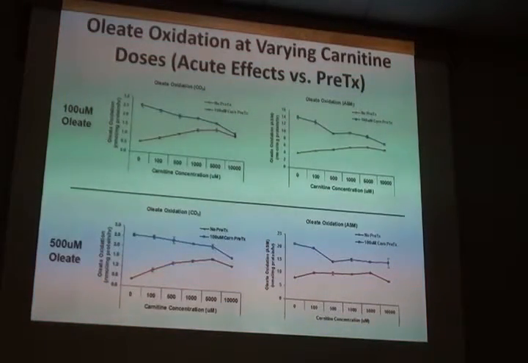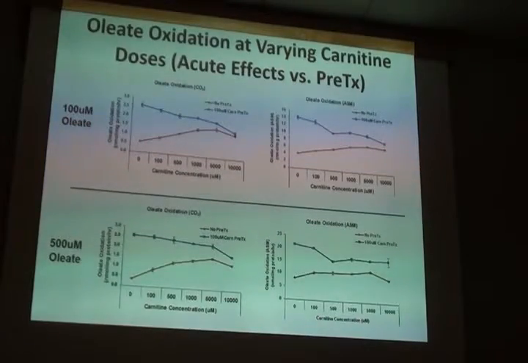of long-chain fatty acid. So what we did here was we added 100 micromolar carnitine in the differentiation media, which is on the cells for about 4 days before doing the study. And what you see is that just adding 100 micromolar carnitine pre-treatment, even if we don't include carnitine in the actual assay itself, is maximizing out rates.